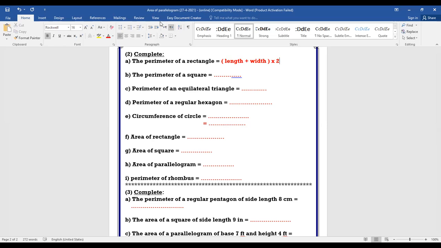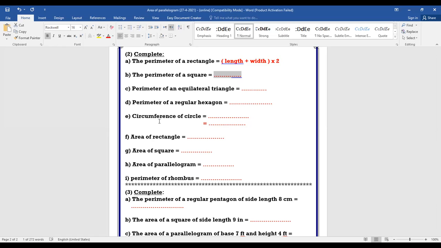Perimeter of a square. What is the formula of the perimeter of a square?